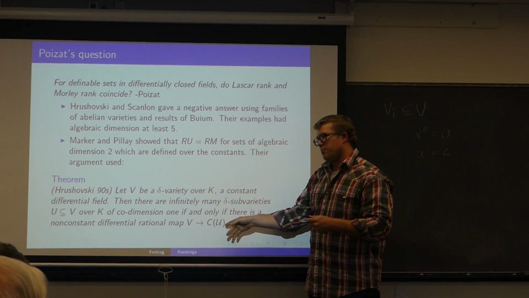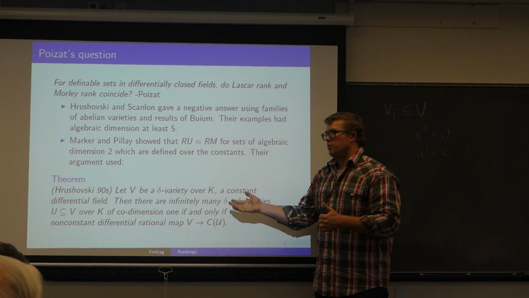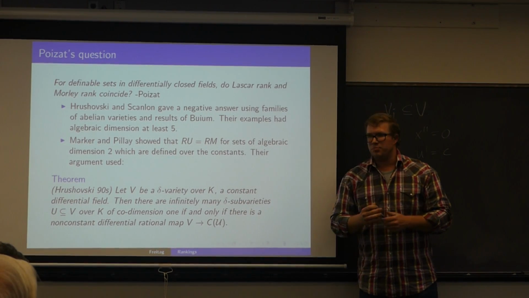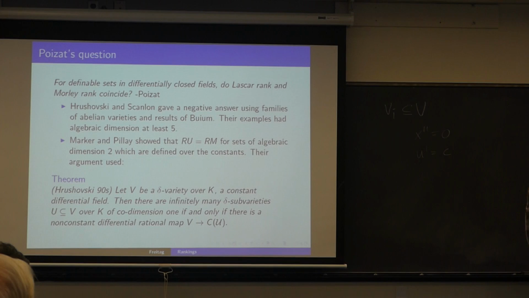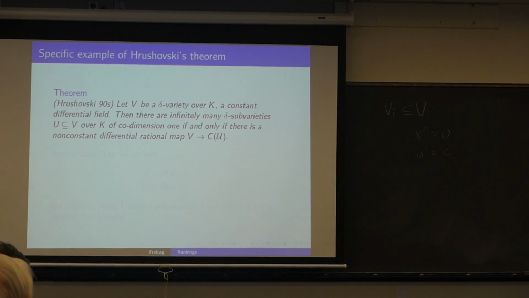If you have such a map, then the fibers of that map give you an infinite family. Being non-constant enforces that it's actually a family, not just one variety.